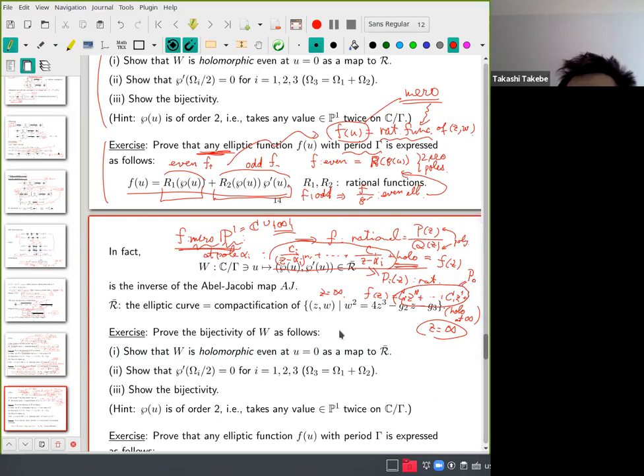Then, if we subtract all singular parts at poles, it is a holomorphic function on P1, which is just constant because of Liouville's theorem.